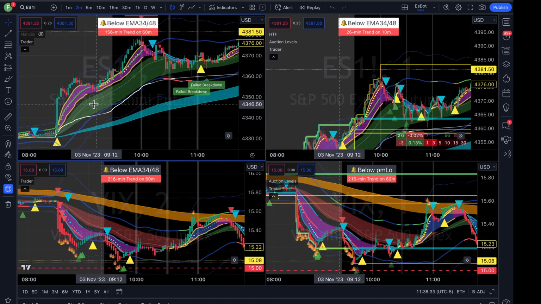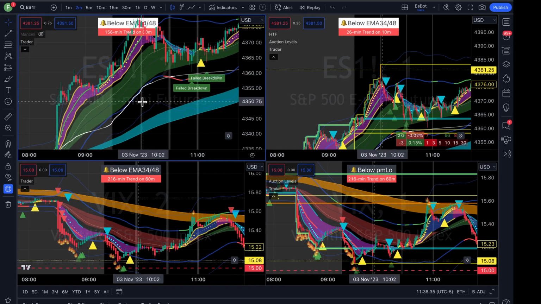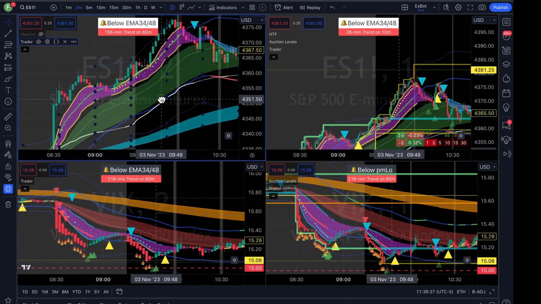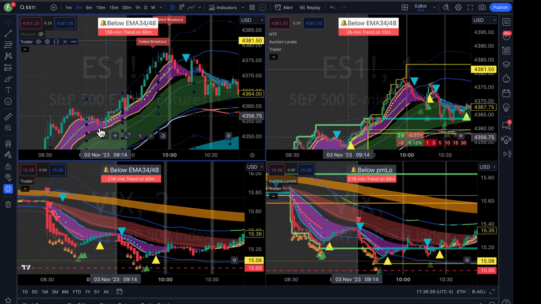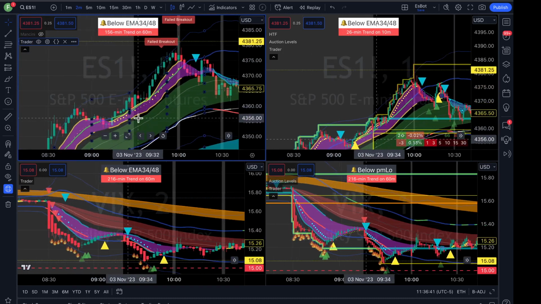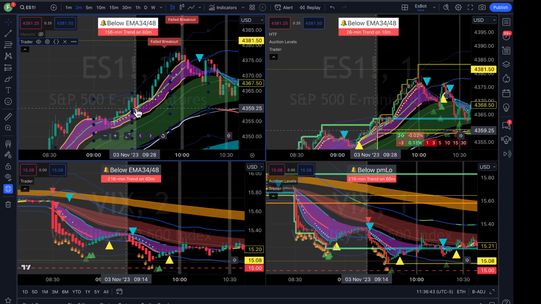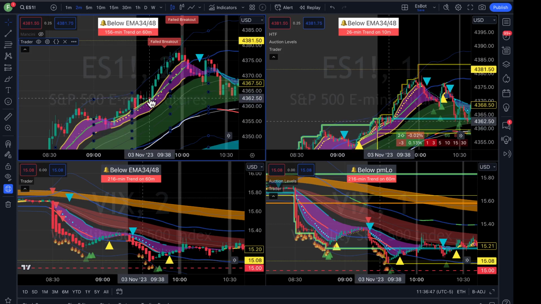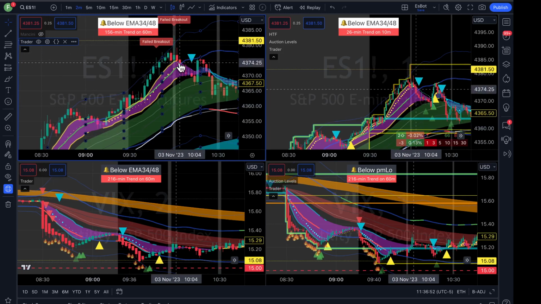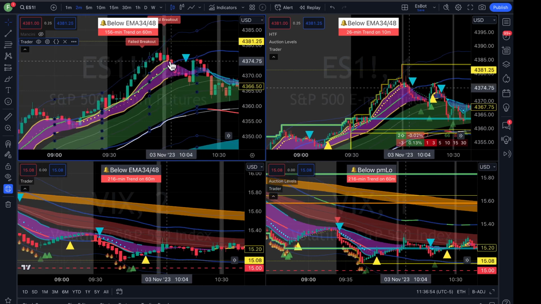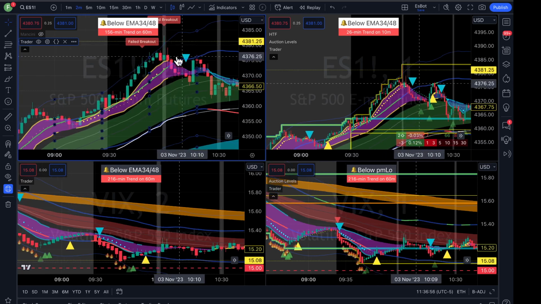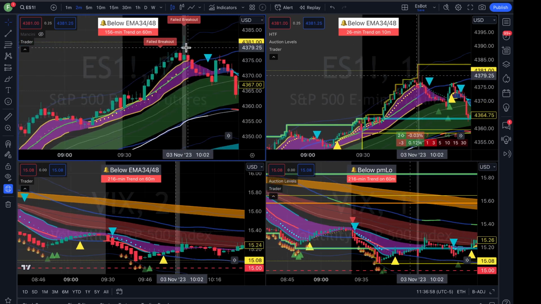So this is the safer entry, just based on how things move. And then I stay above it. When I get this bounce here off the danger zone, you can add. You have a little bit of sideways consolidation, so you could add more. But then as soon as you lose that yellow outline, that's where you want to lock in most of your profits.